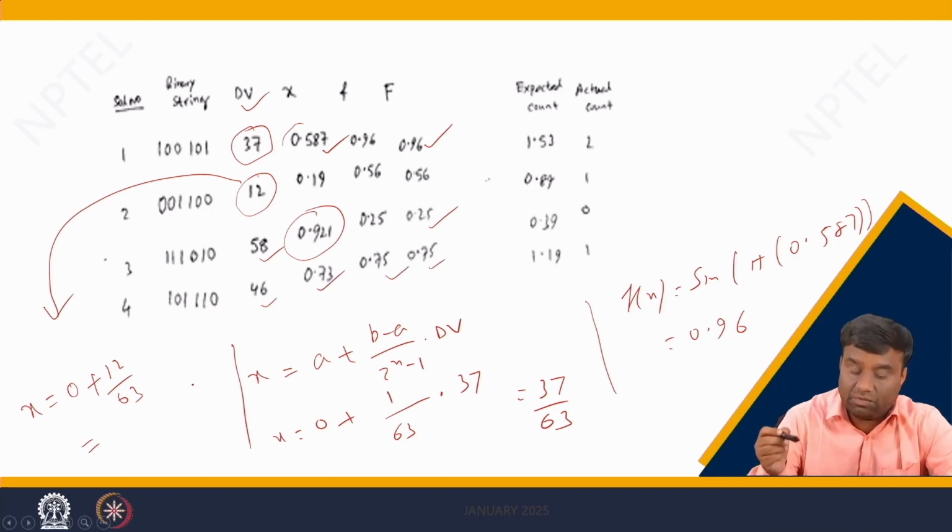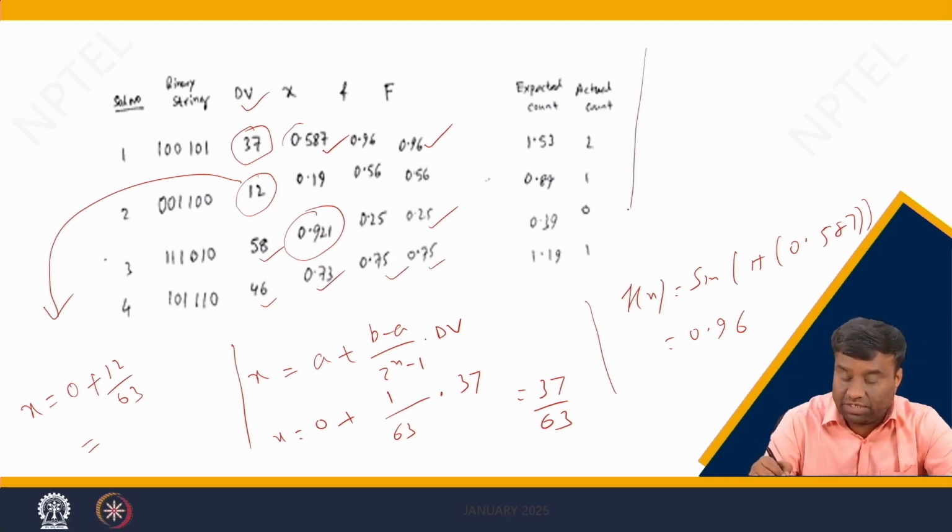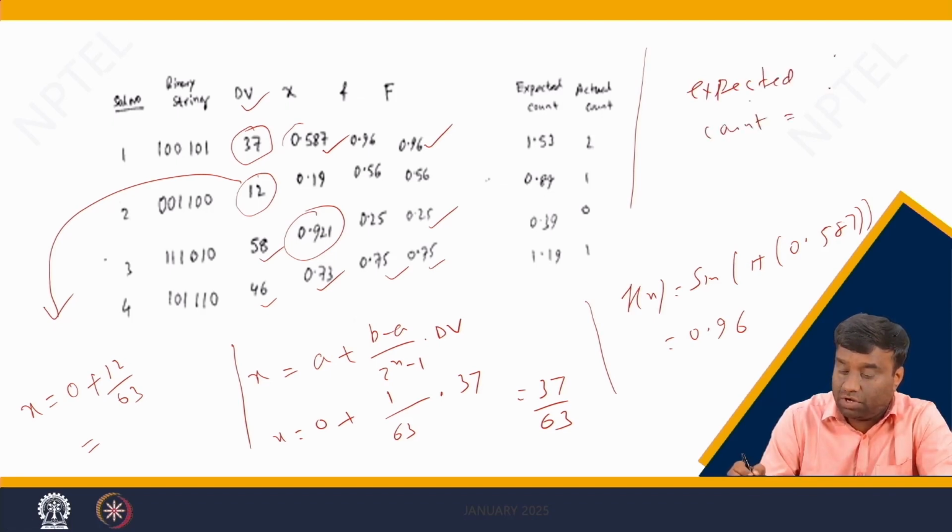So the expected count, you know, the expected count is fitness by average. By doing the calculation, we get 1.53 for the first. The expected count for the second is 0.89. Here it is 0.39, and that is 1.19.